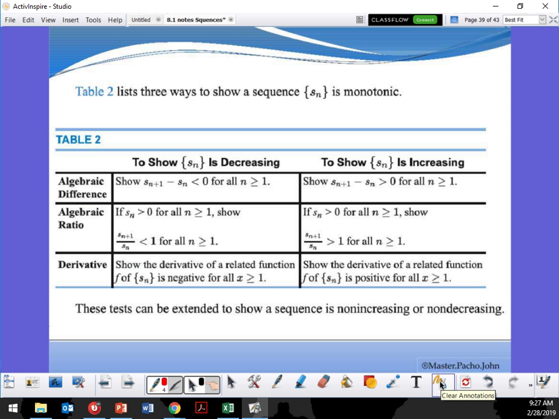Okay, so now for this, we're going to show for all n's that are greater than or equal to 1, is this value going to be less than 1 or greater than 1?